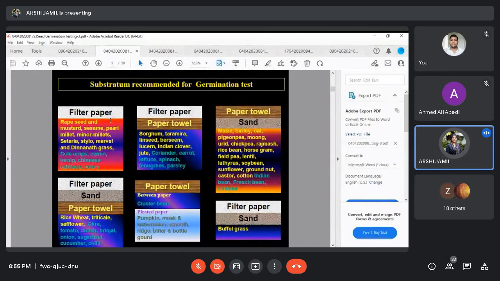All three, filter paper, sand and paper towel, are recommended for rice, wheat, okra, tomato, radish, brinjal, onion, etc. Paper towel test is given for pumpkin, muskmelons, watermelons, gourds. Filter paper and sand test we have for buffalo grass. So these are some of the substrata recommended for the germination test.